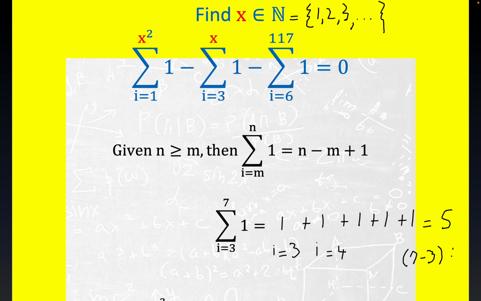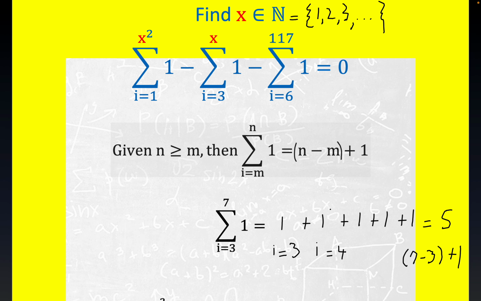And so that's the only thing about this that could be overlooked, I suppose. Again, you have 7 minus 3 here, which is 4, but if you count out your indices, you actually have 5 occurrences of the summand 1, which sums up to 5, and that's equal to 7 minus 3 plus 1. And so that's how this result works for any pair of positive integers.